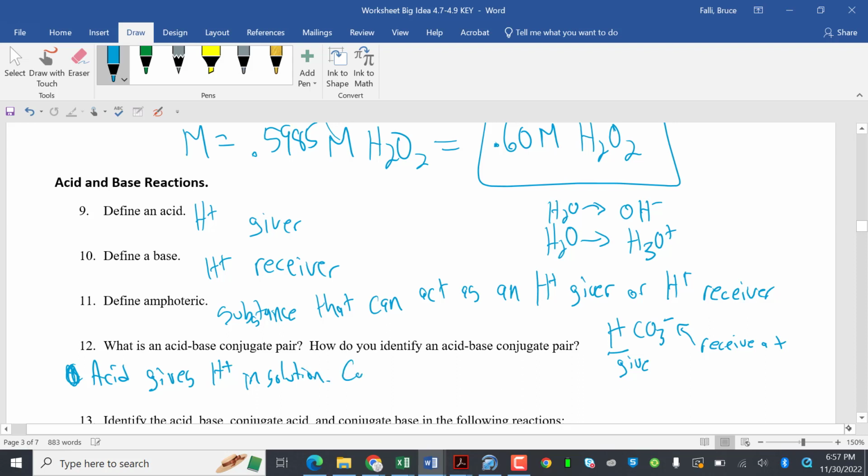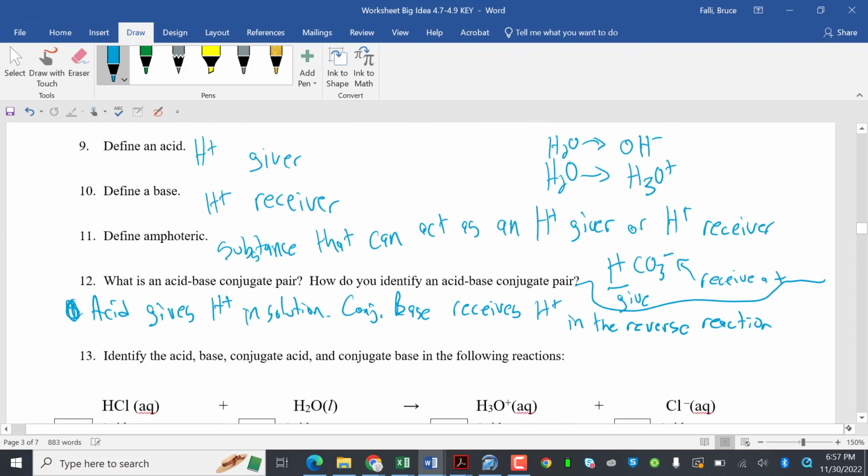The conjugate base receives an H positive in the reverse reaction. Okay. How do you identify it? They differ by an H positive.